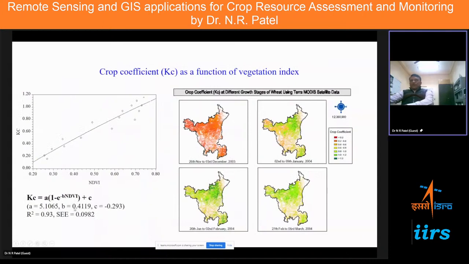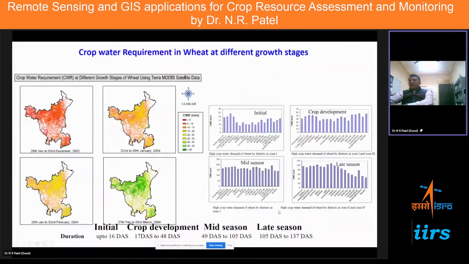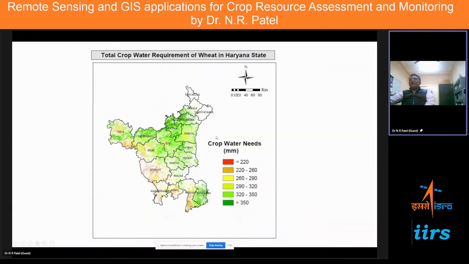We have developed this exponential model of Kc against the NDVI. Then finally the crop coefficient for every week is estimated and multiplied with the ET0 to get the crop water requirement for different stages. And finally the total water requirement of the different districts in Haryana.